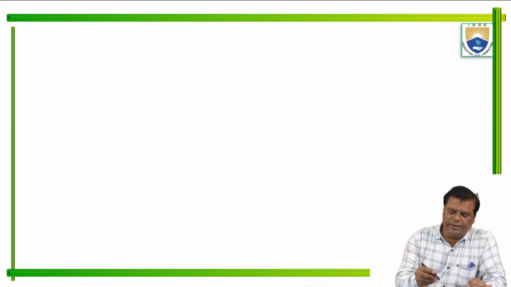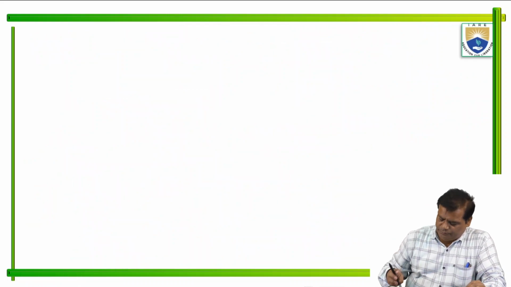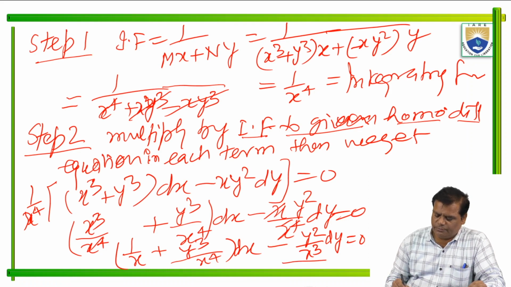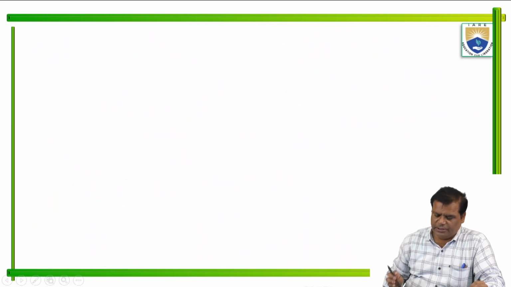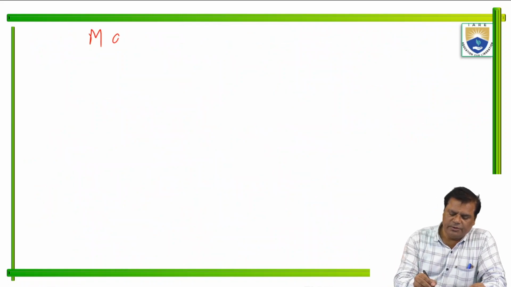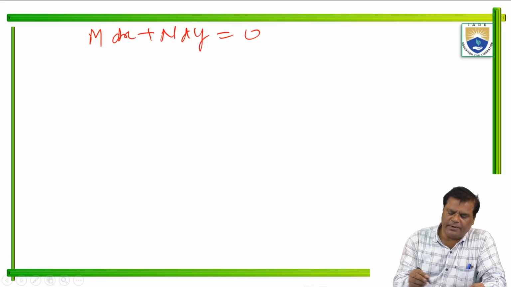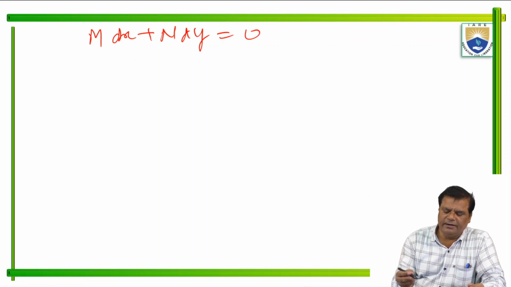Okay. So now this equation is equation 3. Comparing this one to the general equation M dx plus N dy equals 0. After multiplying the integrating factor, our equation is converted into this equation.